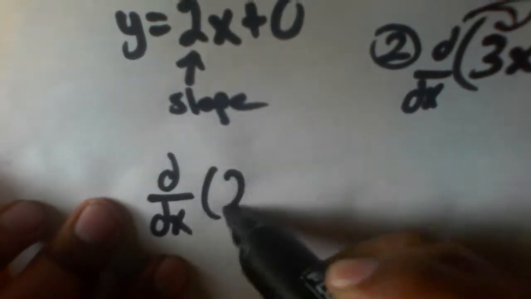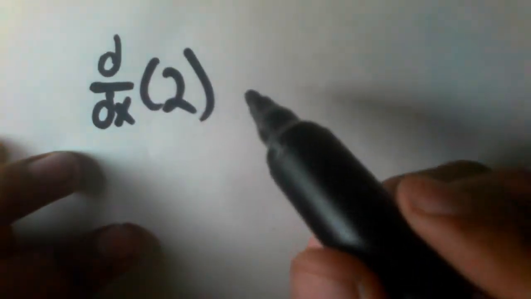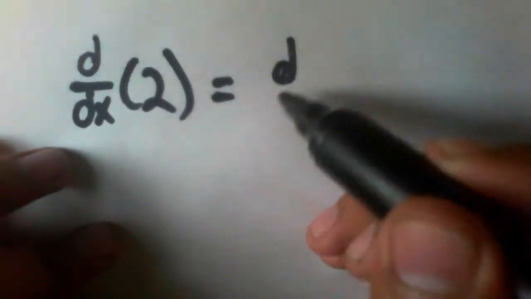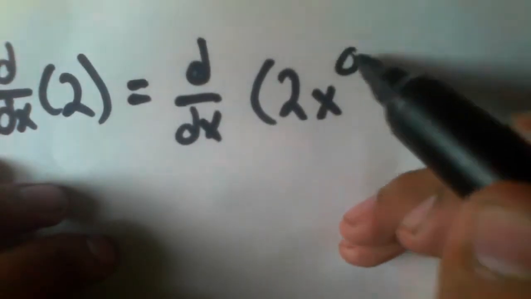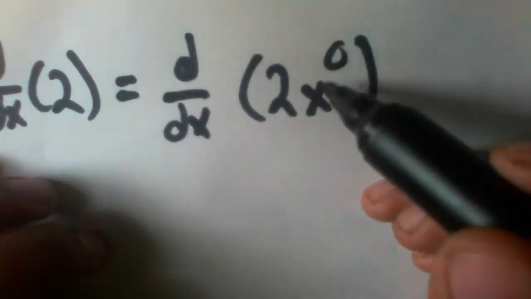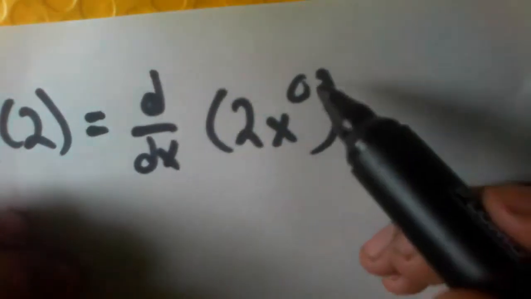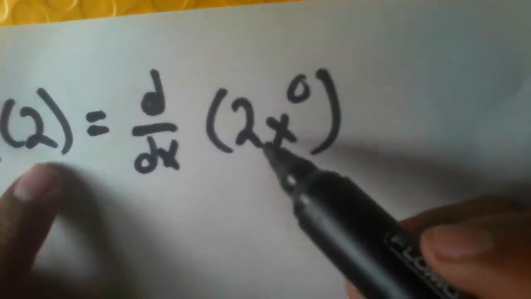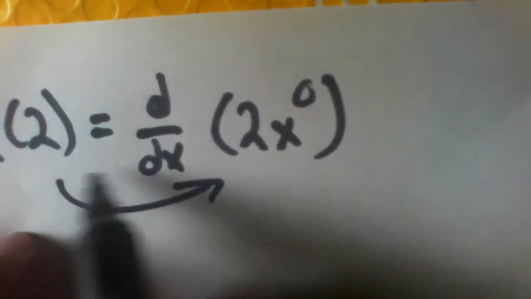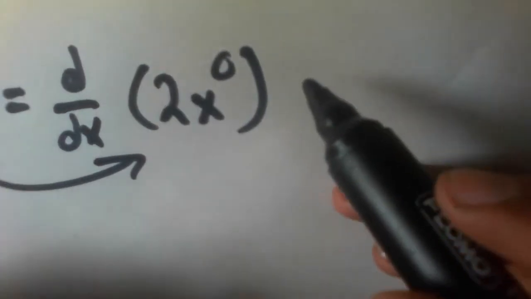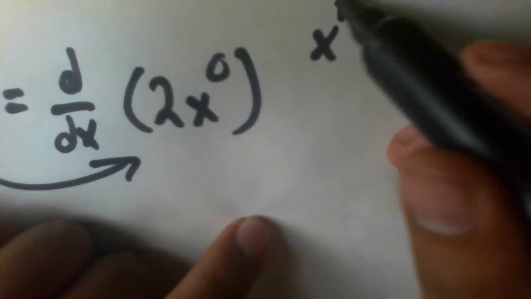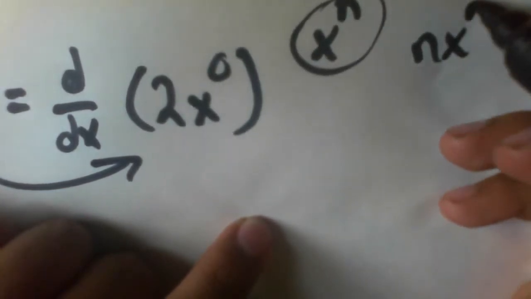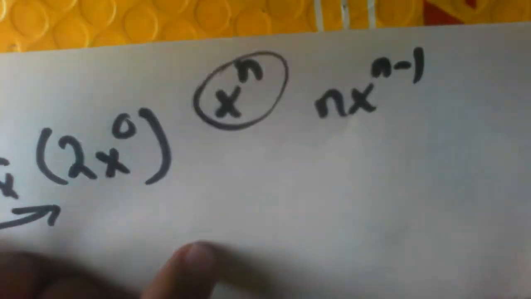And there's another way to prove it. If they're telling us to take the derivative of 2, this is equal to the derivative of 2x to the 0. Because what's x to the 0? Well, that's just 1, right? So 1 times 2 is still 2, so we can actually say this is the same thing. So if we were to follow the same procedure as if we had x to the n, then to take the derivative of this, we said it was nx to the n minus 1, right?